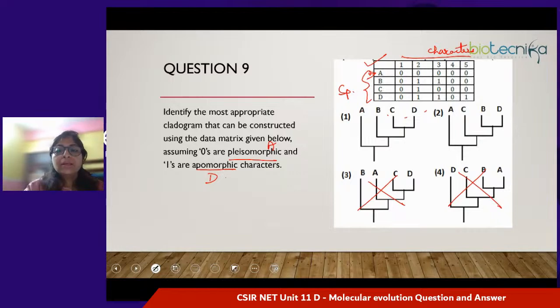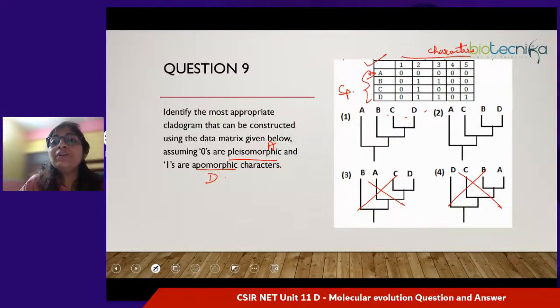Now, next, what do we have? How do we make the phylogenetic tree? Here we'll be making the tree by arranging the groups in increasing order of the number of derived characters. The taxa which is the outgroup, which derived first from the common root, will have the least number of derived characters and the maximum number of ancestral characters.